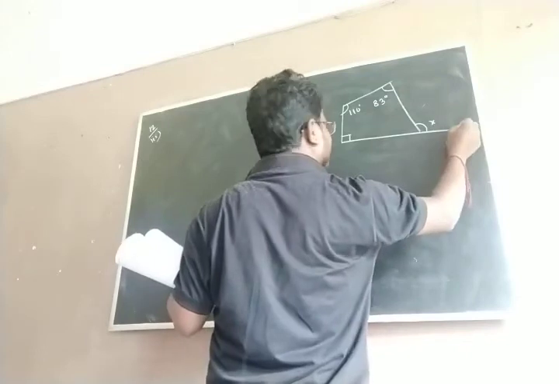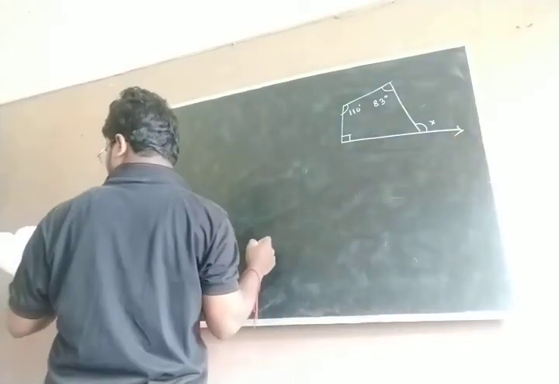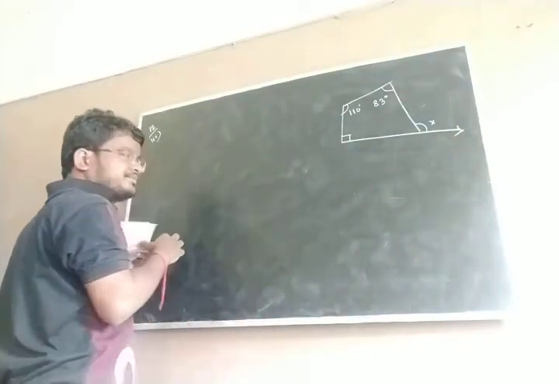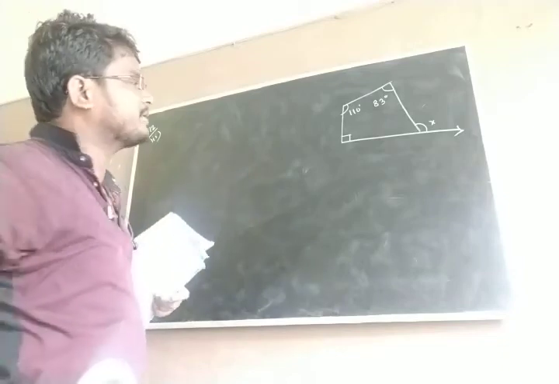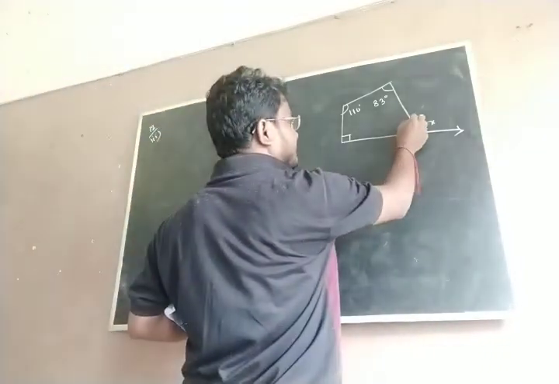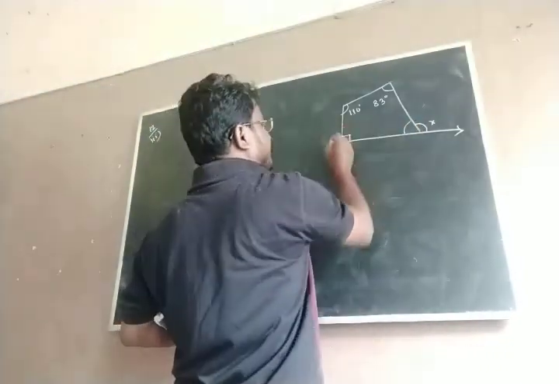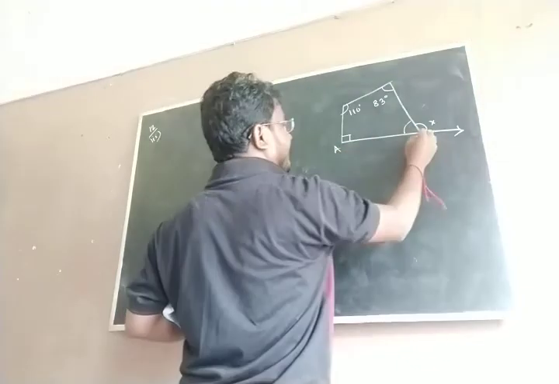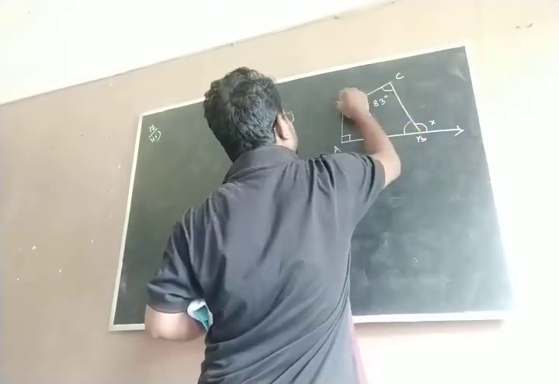Okay. Now you have to find the value of x. To find the value of x, you have to first find this angle. Now tell me, suppose this is named ABCD. What is ABCD?